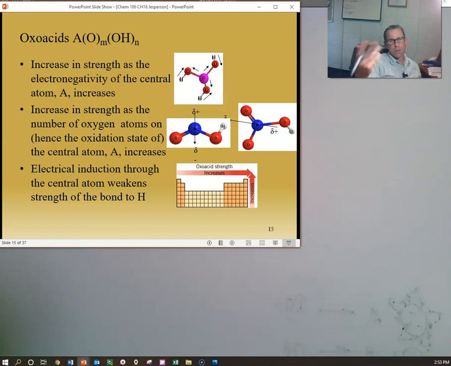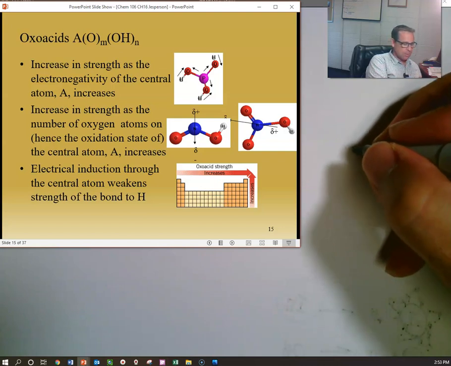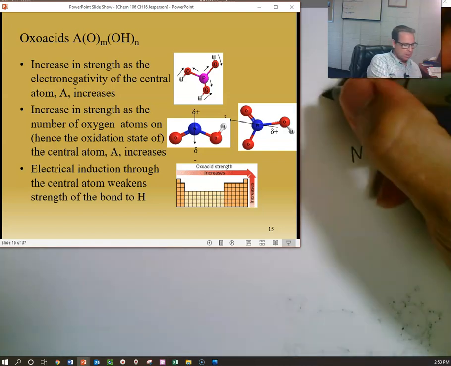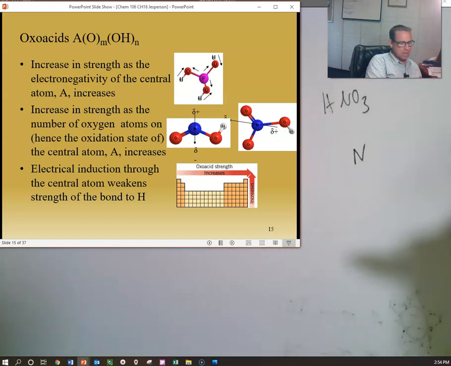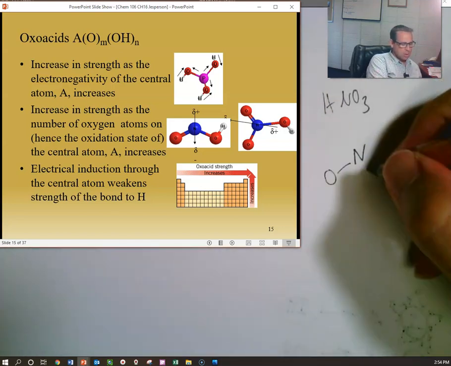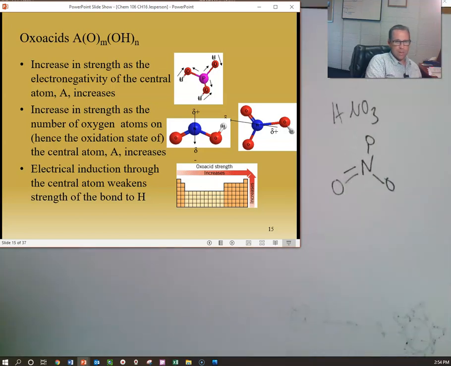Now, water is not really considered an oxy acid, right? But when we say contain hydrogen or oxygen, it's that the element, so for example, nitrogen in HNO3, an oxy acid, the nitrogen is surrounded by oxygen atoms, right?